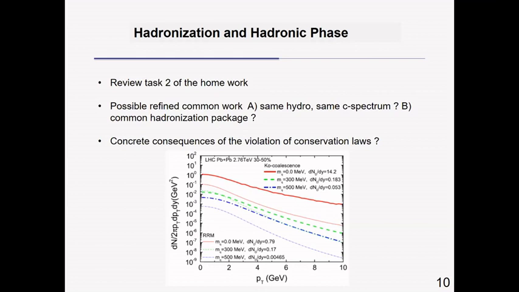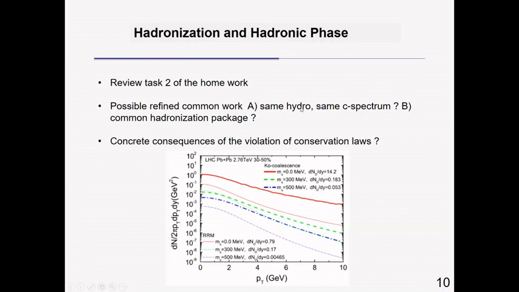And then there would be two ways to make a further step. The first one would be to start from something that is maybe a bit too ambitious. That would be to start from a similar hydro for everyone and from the same T spectrum at the time of the freeze-out, and then each of the models would implement its hadronization.